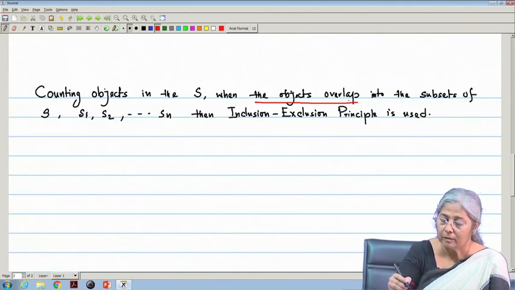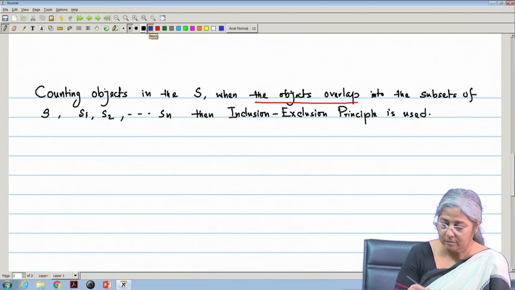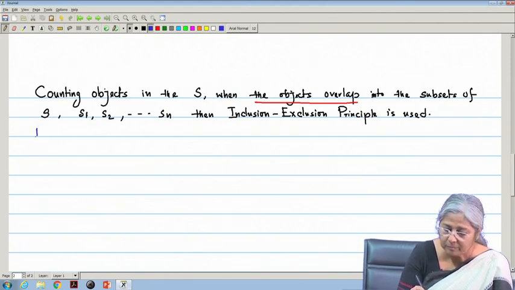Now, we see one simple example of counting before we give the theorem of inclusion-exclusion.